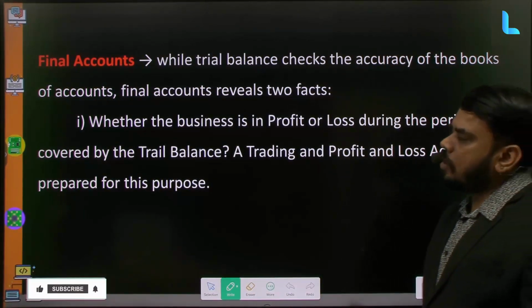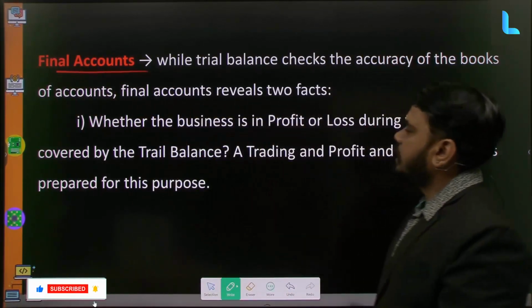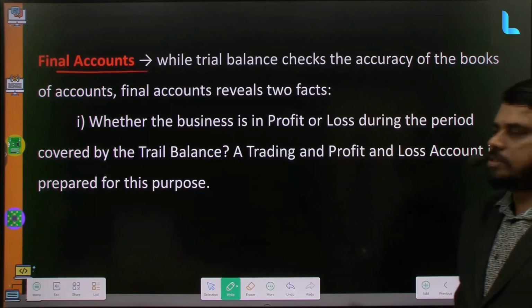The next topic is the financial or final statements of accounts. Which are the final statements of accounts? As I discussed with you earlier, the final or financial statements of accounts are the profit and loss account statement, and then the balance sheet.